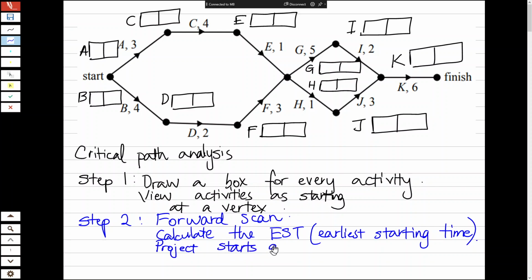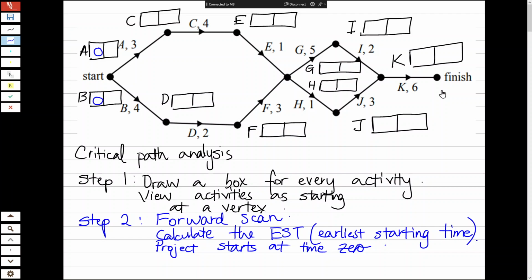So, Louise, I'm going to ask you, which activities in this network have no predecessors? A and B. Okay, so we're going to write the number 0 for A and B. So go ahead and do that now. Activities A and B have no predecessors, so they can start at the beginning. The beginning is time 0.